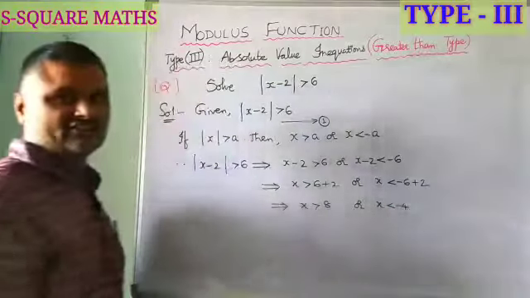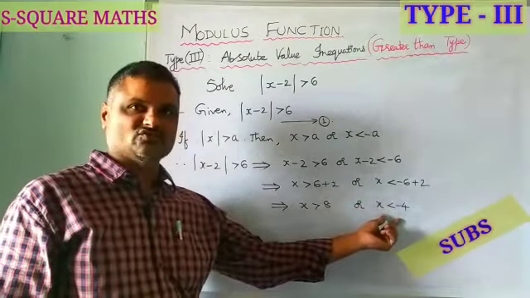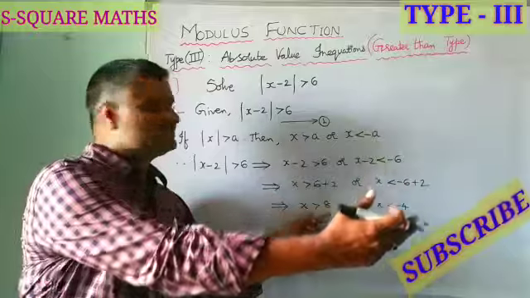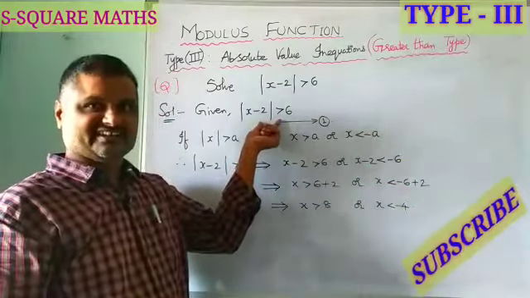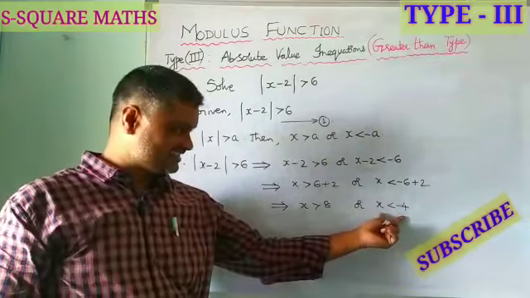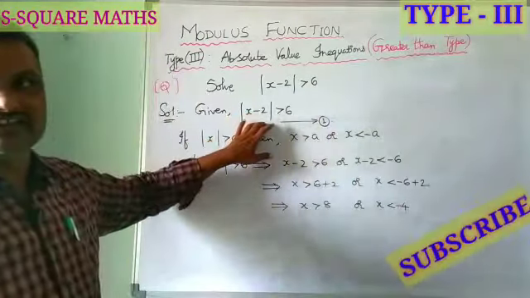So what is the meaning of this, x greater than 8 and x less than minus 4? Nothing but the values which are greater than 8 will satisfy the given inequation of greater than type. Also the values which are less than minus 4 will also satisfy the given inequation.